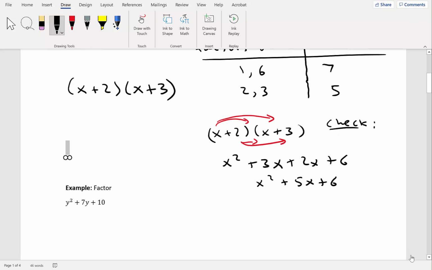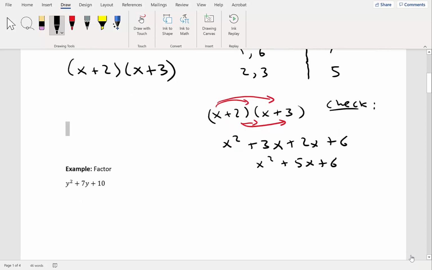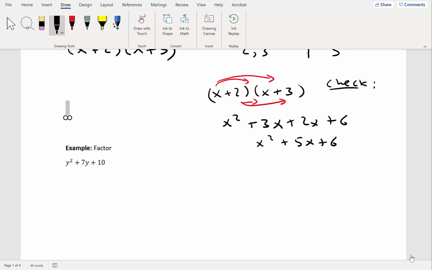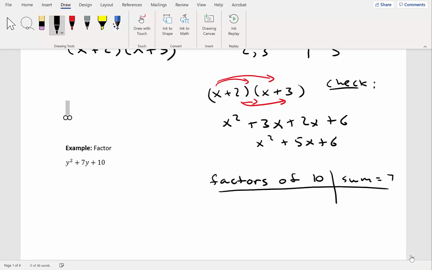Let's take a look at another problem. Factor y squared plus 7y plus 10. So now we need two numbers that multiply to give us 10, and the sum has to be equal to 7. Two numbers that multiply to give us 10, we could use 1 and 10, but if I add those together, it gives me 11. I could also use 2 and 5, and if I add those together, it gives me 7, which is exactly the combination I'm looking for.